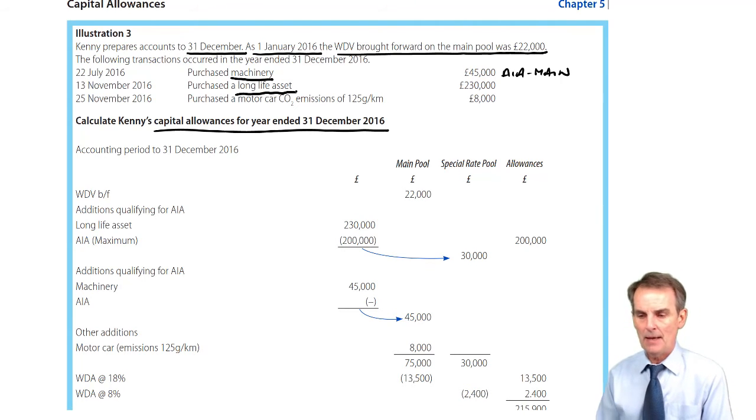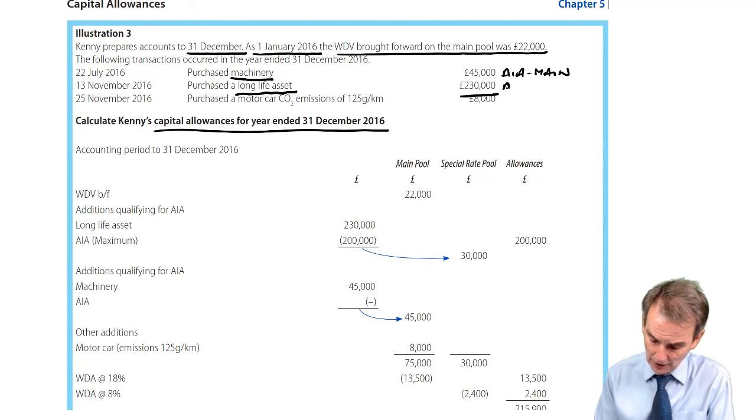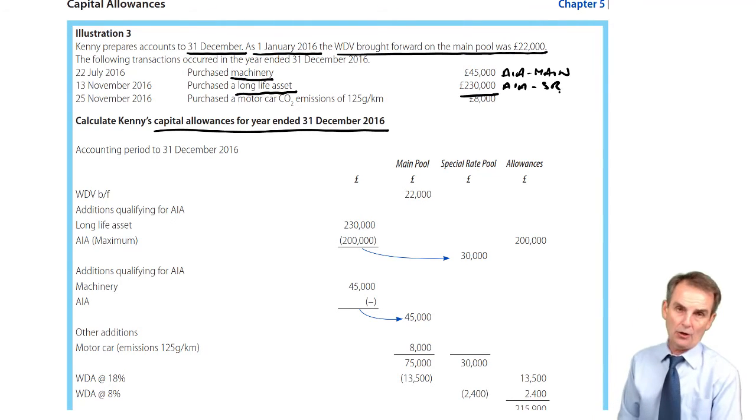Note to it says, estimated working useful economic life there, 30 years, and the expenditure being more than, you can see there it's 230, being more than 100,000, this is a long life asset. What does it mean? It means, fine, you get AIA, but that it's special rate pool expenditure.